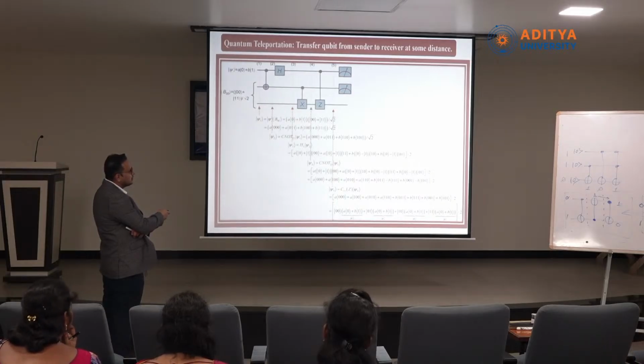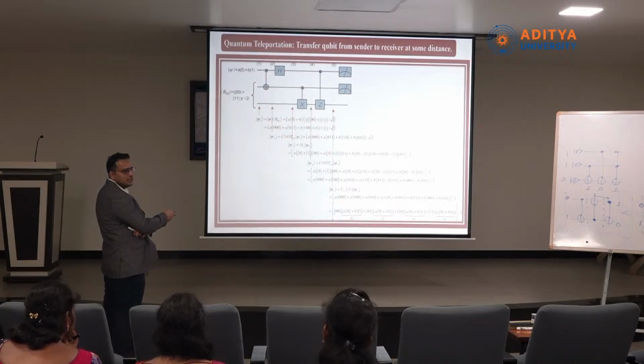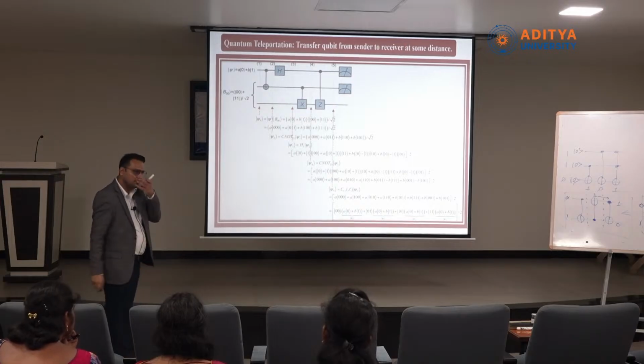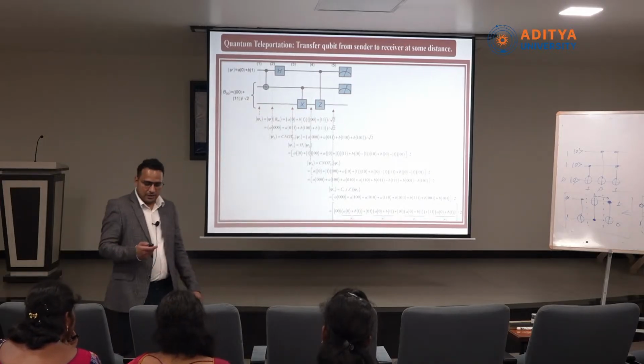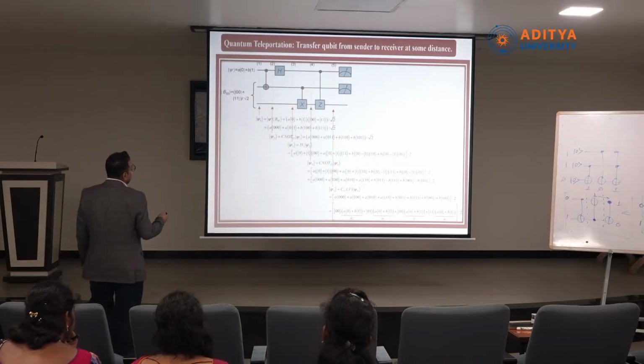Here the first qubit is 1, so the second becomes 1, so it is 110. Now here, 111. Because the first qubit is 1, the second is flipped, so it becomes 101 by root 2. Is this clear?